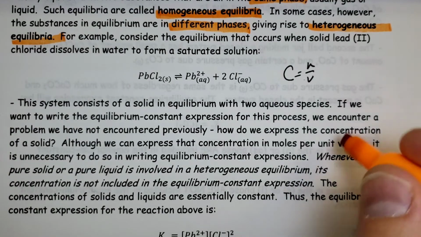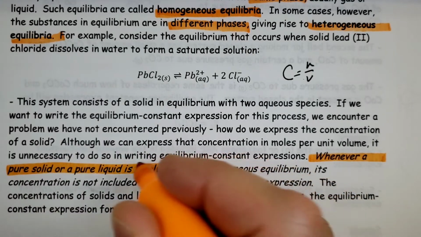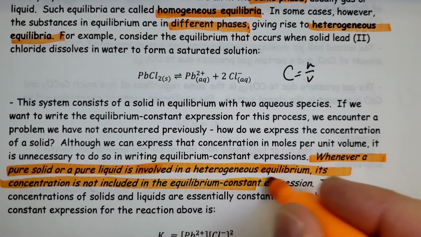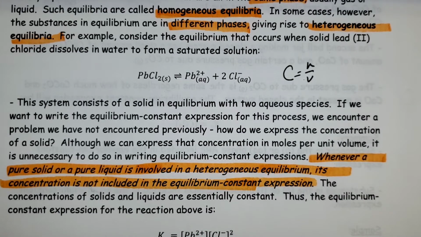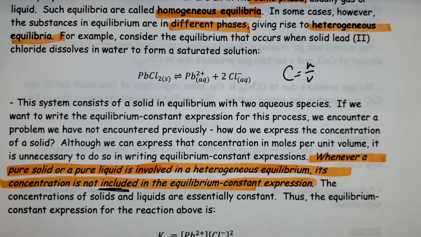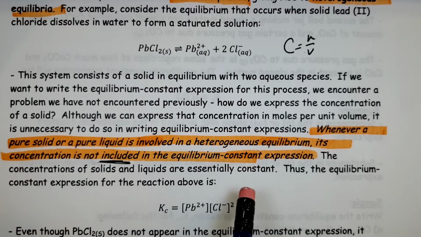So the key thing to note here, whenever we have a pure solid involved in a heterogeneous equilibrium, its concentration is not included. So we're only concerned about aqueous substances or gas substances. The concentrations of solids and liquids are essentially constant.